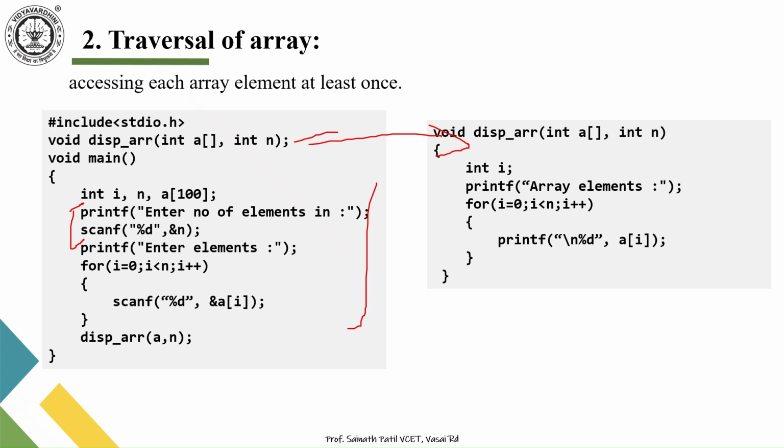So when you call, we simply pass the array name and the size. In this definition, we use a for loop, for I is equal to 0, I less than n, I plus plus, printf percent d a of I. So this loop visits or accesses each array element. So that is traversal.